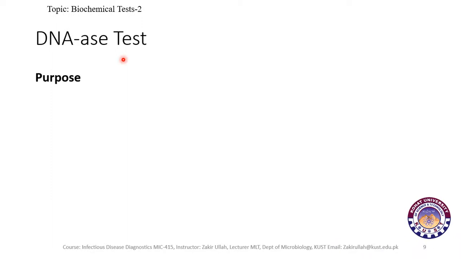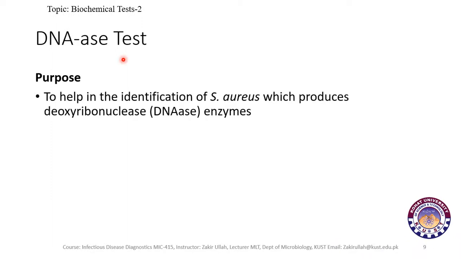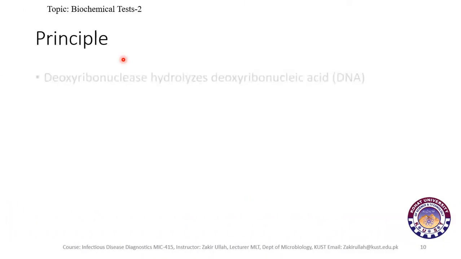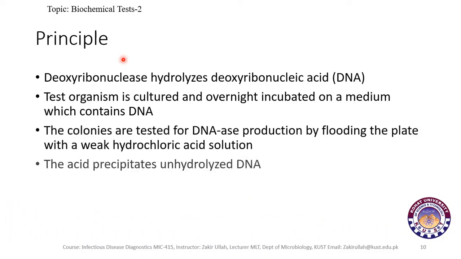The DNase test is an alternative test if we don't have plasma for performing the coagulase test, or if there is any issue with the coagulase test interpretation. It is based on organisms that produce DNase.